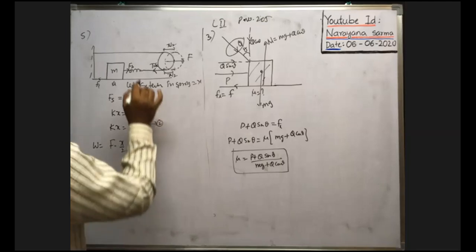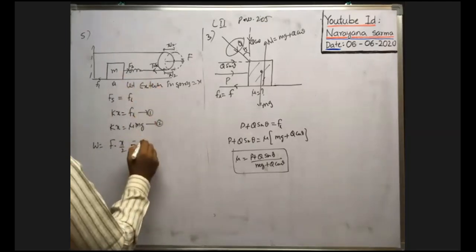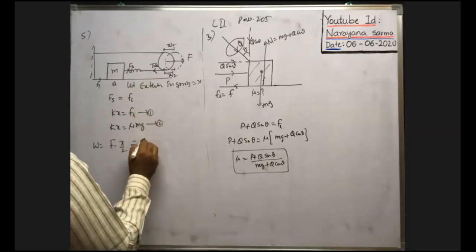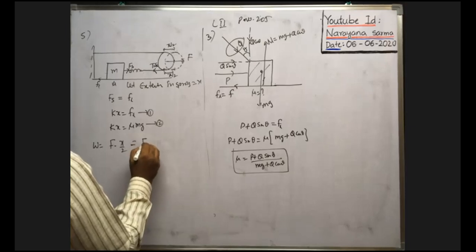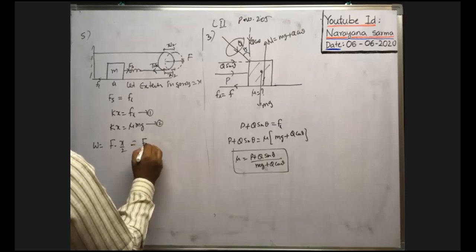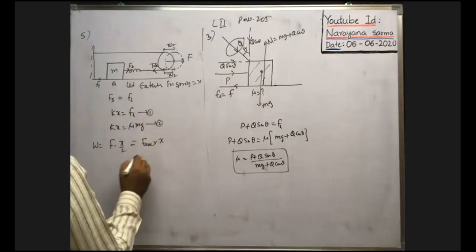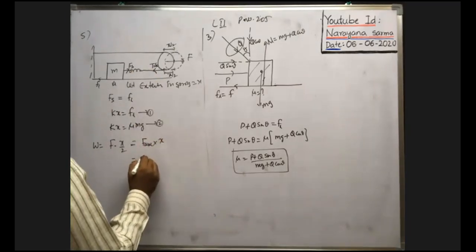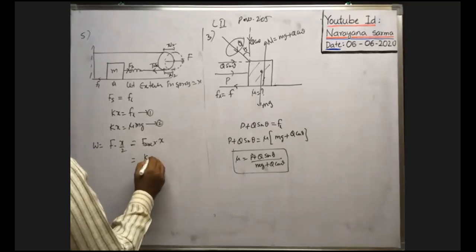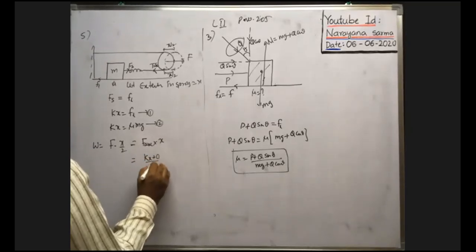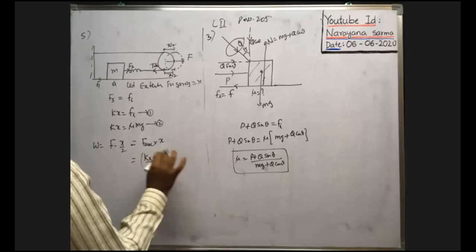What is the work done on the spring? Initially the spring force is 0. We have to write the average spring force developed, times the extension x. The average spring force is the maximum spring force kx plus initially 0, divided by 2, into x.